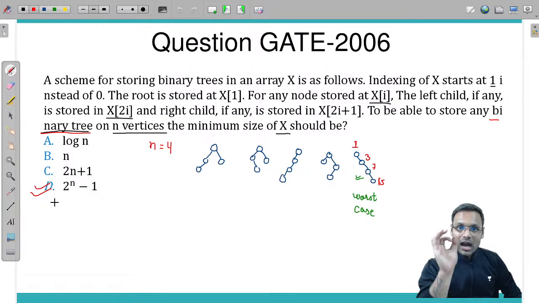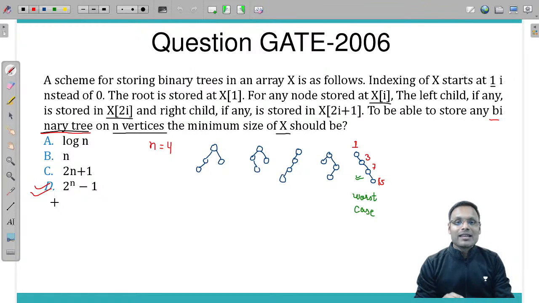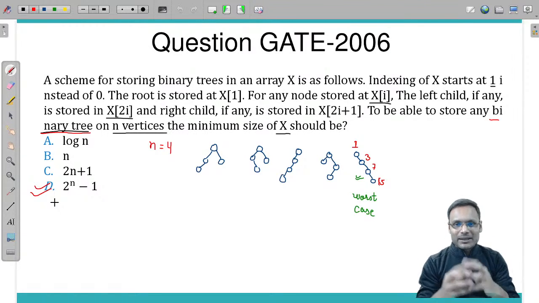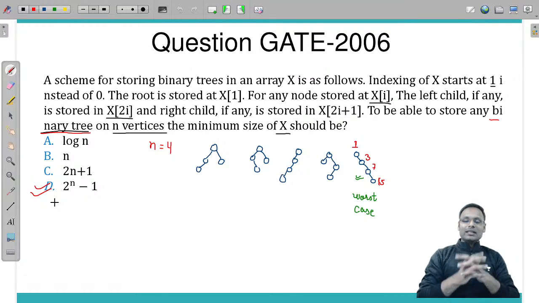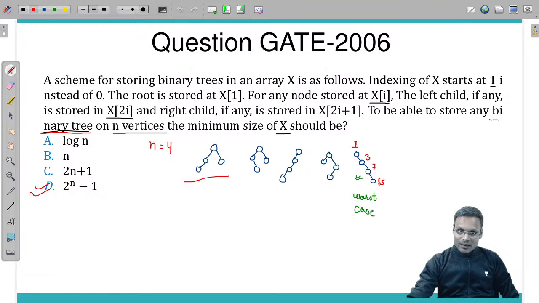So I ask you always, I am asking once again, always read the question. What happens in this type of question? You read the statement. Yes, sir, हमने ये पढ़ा था complete binary tree के केस में ऐसा होता है. Yes, we have read this method to store a complete binary tree in the array. Then we will take this example, my answer will be n size, I will go with this B option.